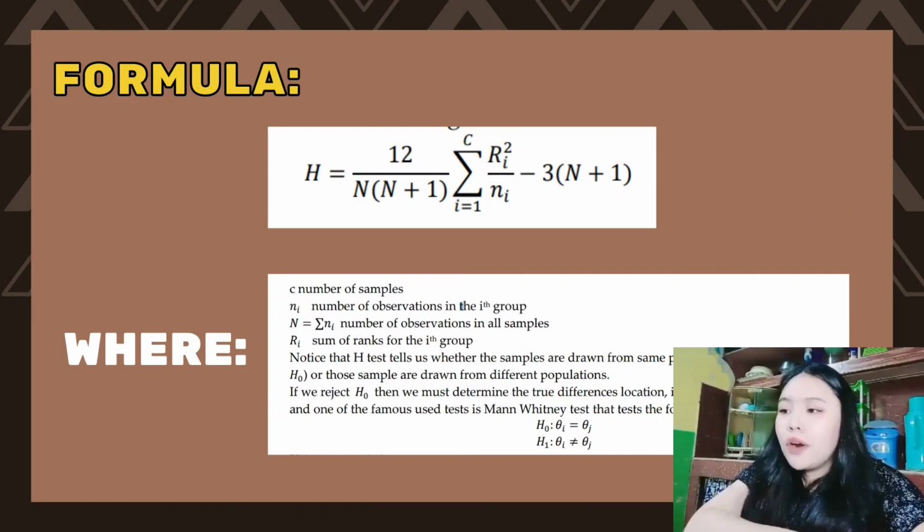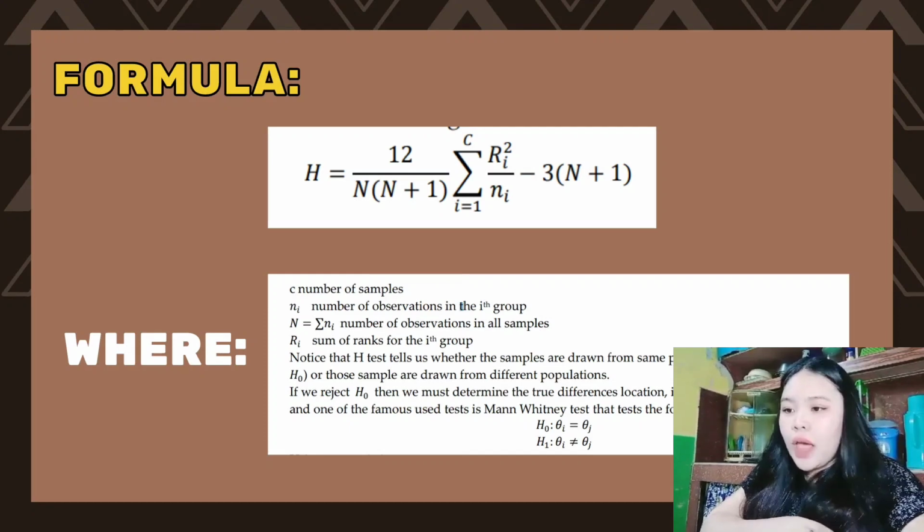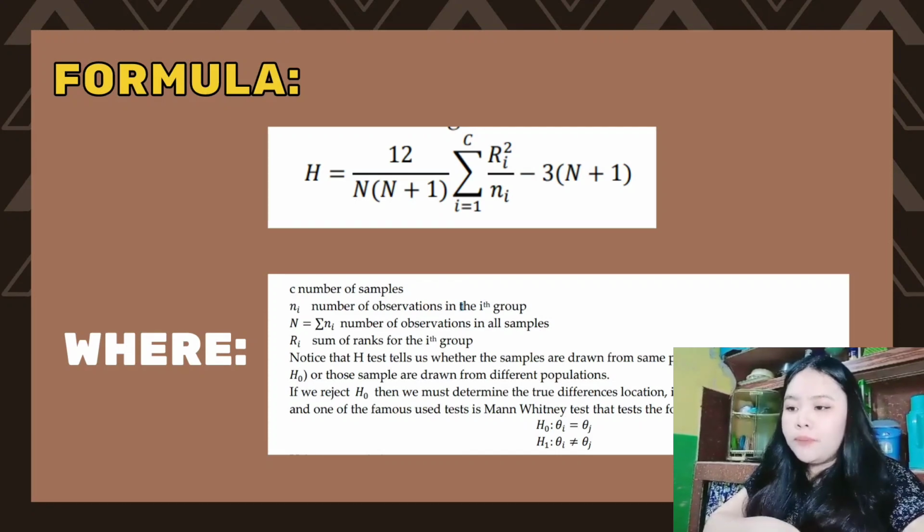This is our formula on how to solve or compute the problem in our topic. C is the number of samples, and n sub i is the number of observations in the i group. Summation symbol is the number of observations in all samples. R sub i is the sum of ranks of the i group.